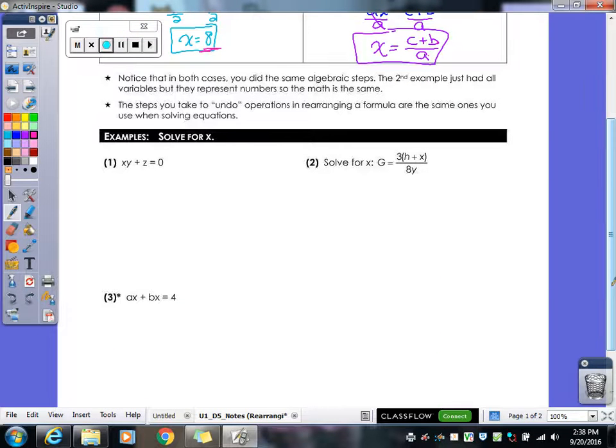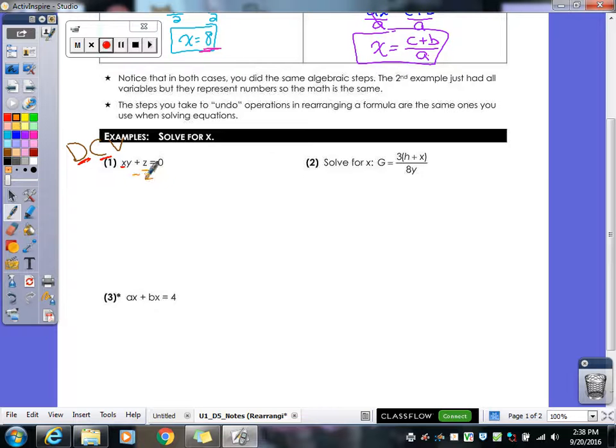So let's try some examples down here. If you all remember, Miss N writes DCV, our dogs crap violently. You still want to follow that same pattern. First, do we have anything to distribute? We don't, there are no parentheses here. Do we have any like terms to combine? Again, we don't, because we have a whole bunch of letters. So now I'm going to go for my x.